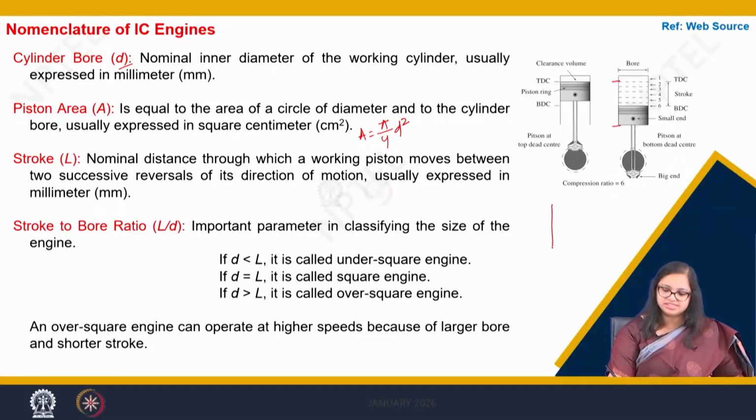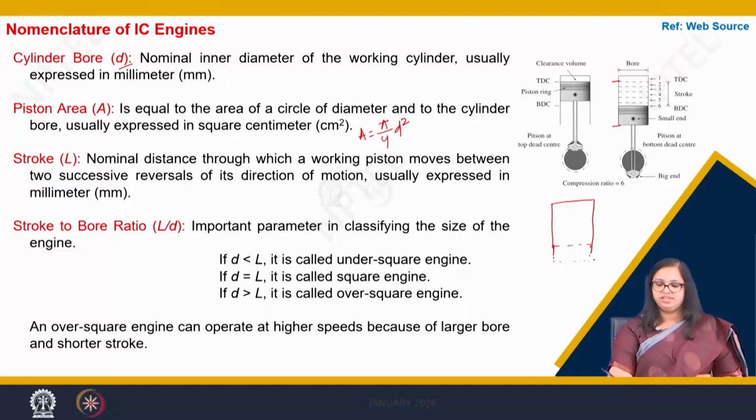So let's say this is the cylinder, and this is the point from where the piston would start moving inside the cylinder. Here is the gudgeon pin. Now this is the connecting rod, and this is the point where it is at the bottommost point of the circle of the crank. The crank would rotate in this path.